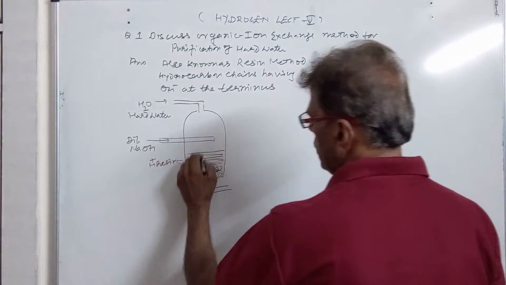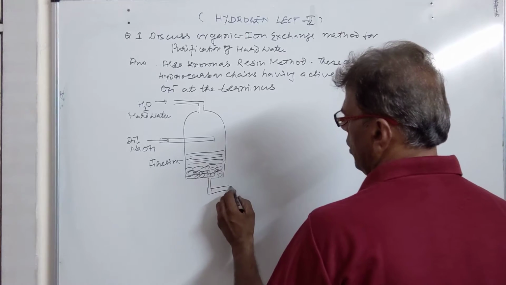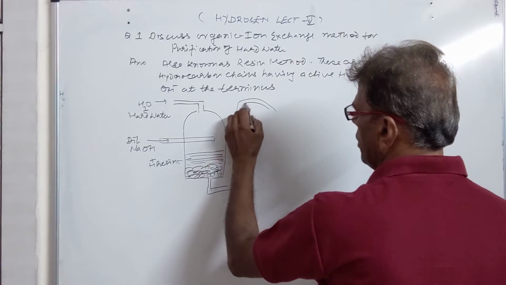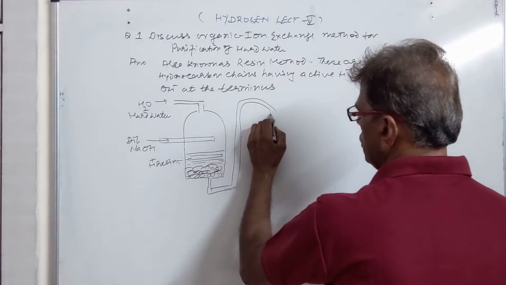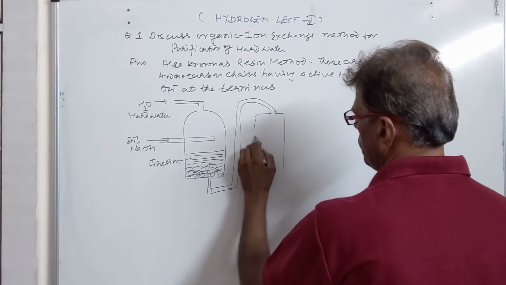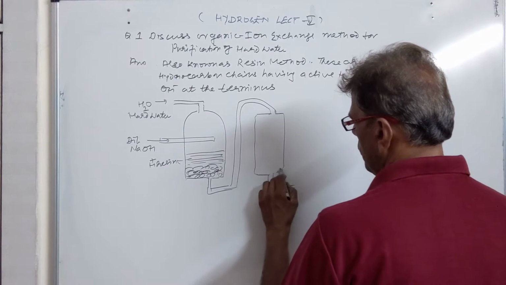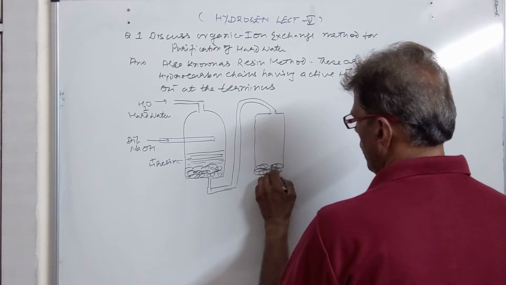Now hard water comes here, it will lose calcium and magnesium ions in this chamber, and then this water is taken to the other chamber which is packed with OH resin.